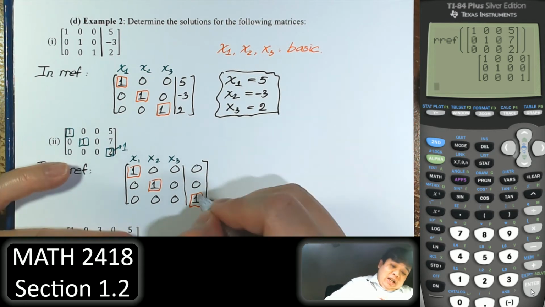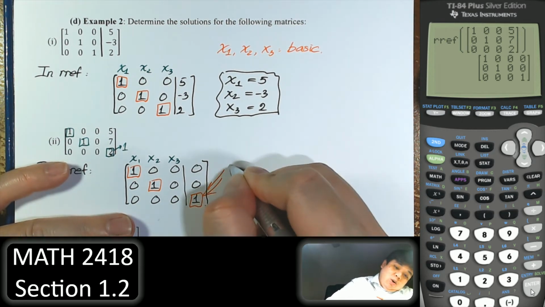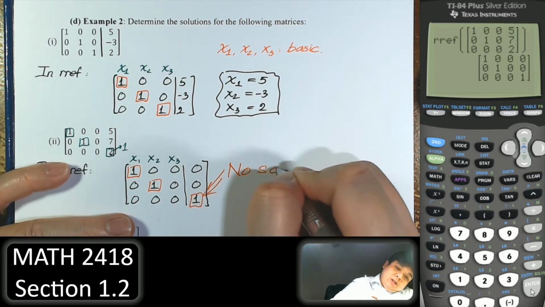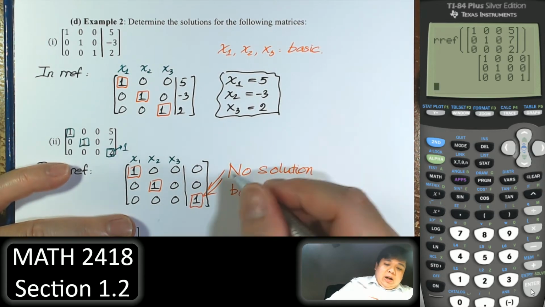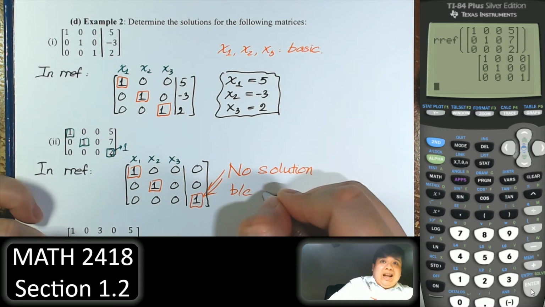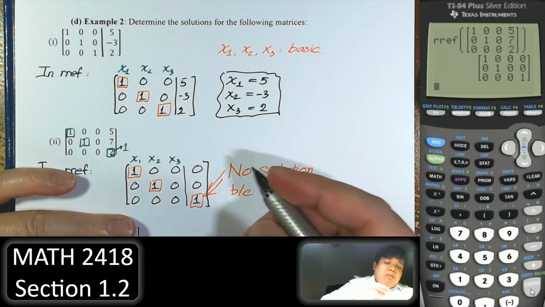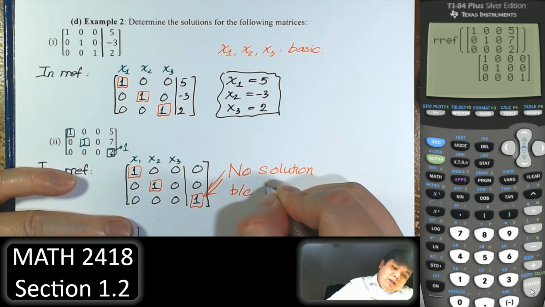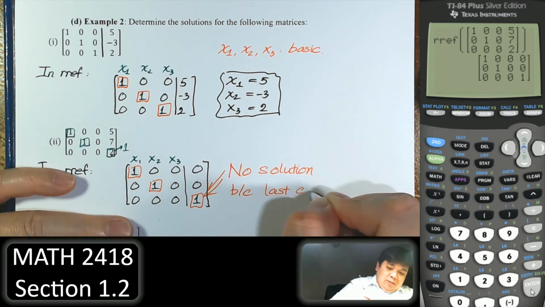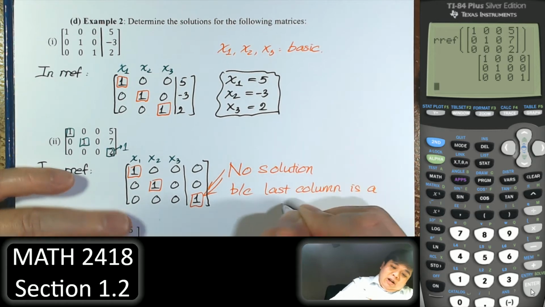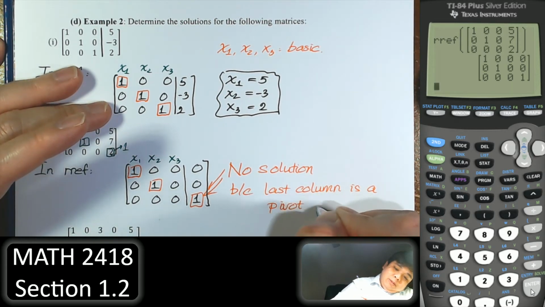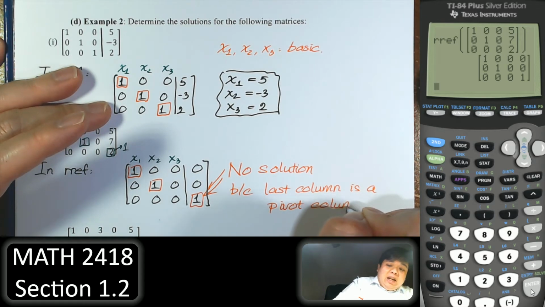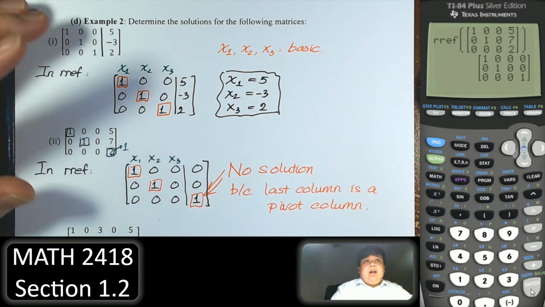If that is the case, there will be no solution, because the last column, the column on the right, is a pivot column. We cannot have that. If that is the case, no solution.